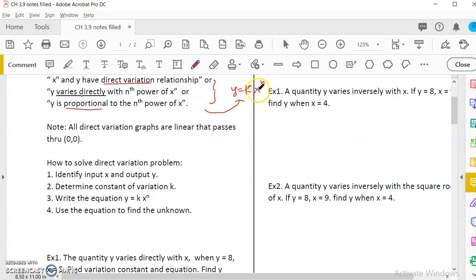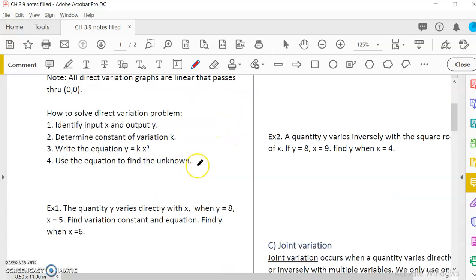So the input is x. How do I solve a direct variation problem? Usually it is easy to write this equation, but we want to find k, and also use the equation to solve for y. So a general direct variation problem goes like this. Identify the input and the output.